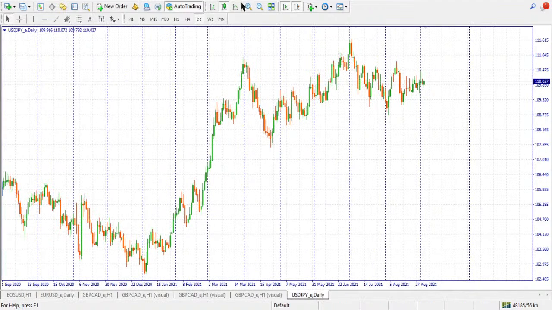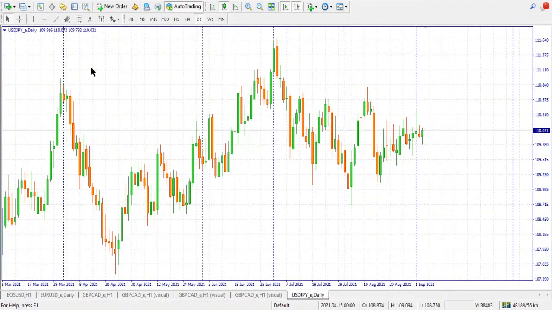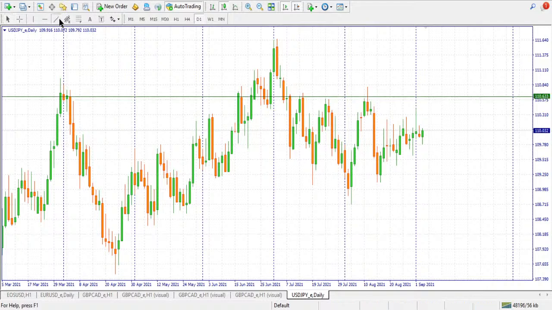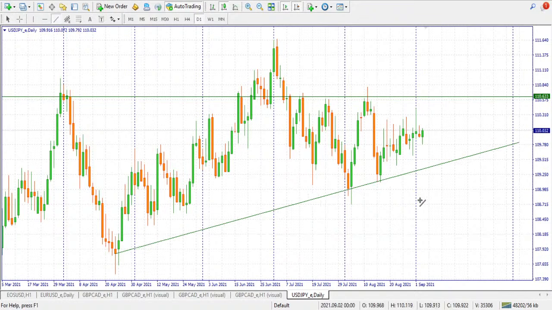The other symbol is the USDJPY. On this chart, so far the price is consolidating. We are not seeing any clear direction on this chart. We have a level there, another one here, and another one here. Technically, as long as the price is held as it is now, we are looking for a buy position.